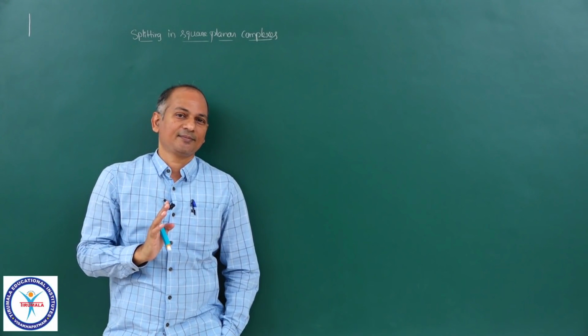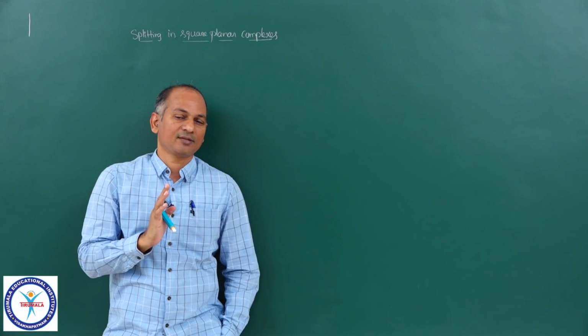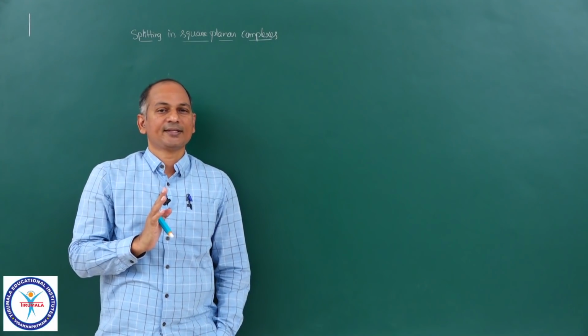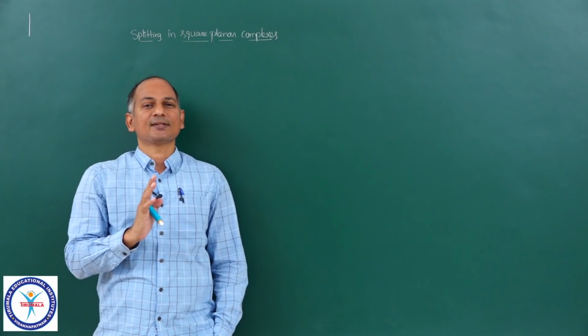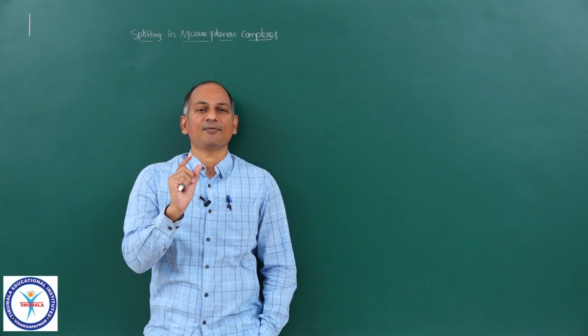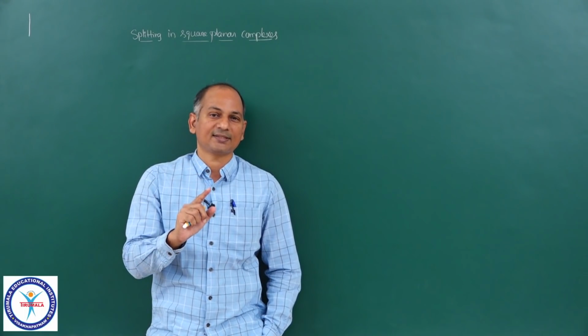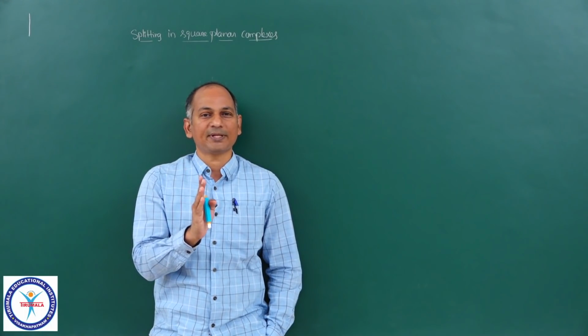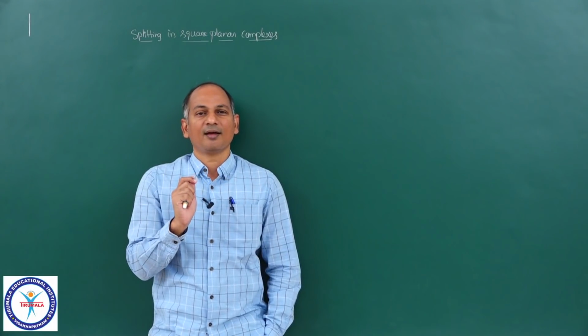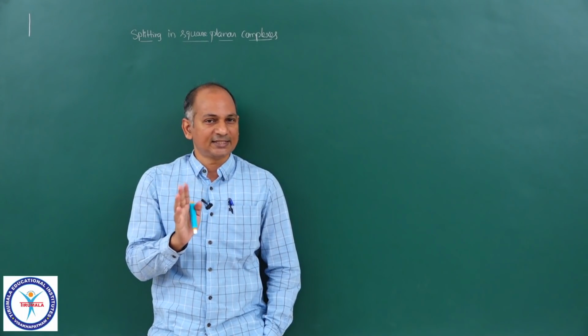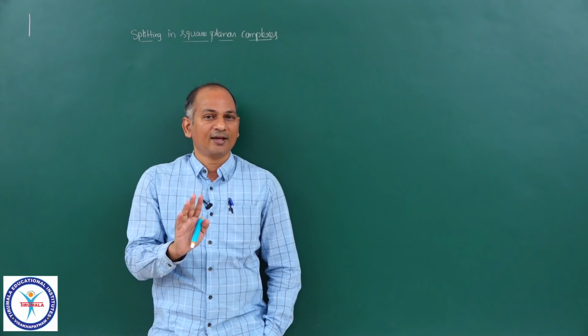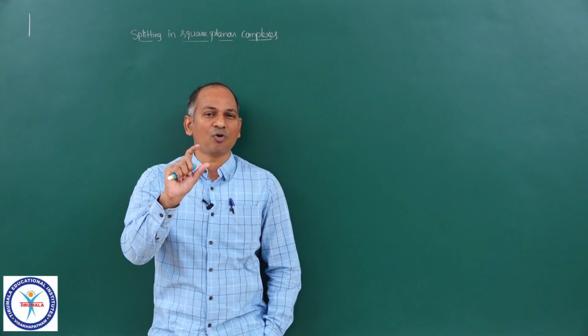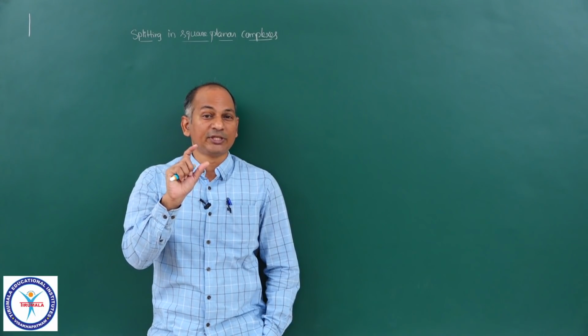Listen to me carefully, CFT says that a square planar complex is just a case of an octahedral complex. Square planar complex is not an entirely different case. It is something related to octahedral. Now you see that point.